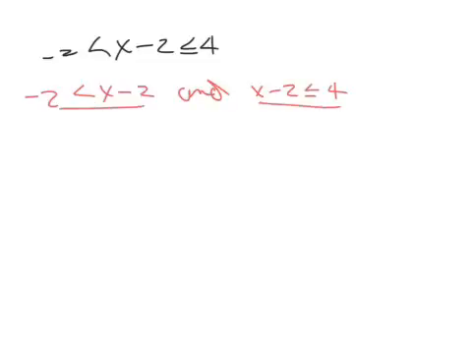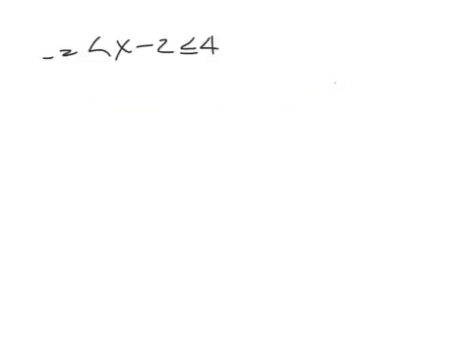Both of those have to be true statements. But rather than write them split, let's leave them together like that. What we do then is we're trying to isolate the x. So we're going to add 2 here, add 2 here, and add 2 here.